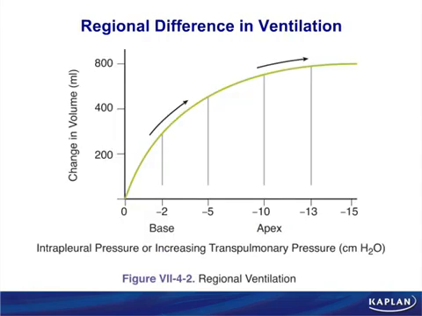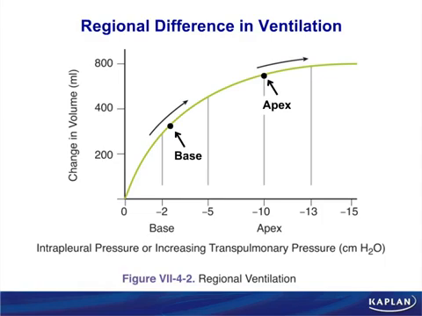To put that idea on a graph, here's our pressure volume graph, our compliance. Remember, the slope of the line is compliance. At the base, we have less transmural pressure gradient, so we're on a steeper part of the curve than we are at the apex.